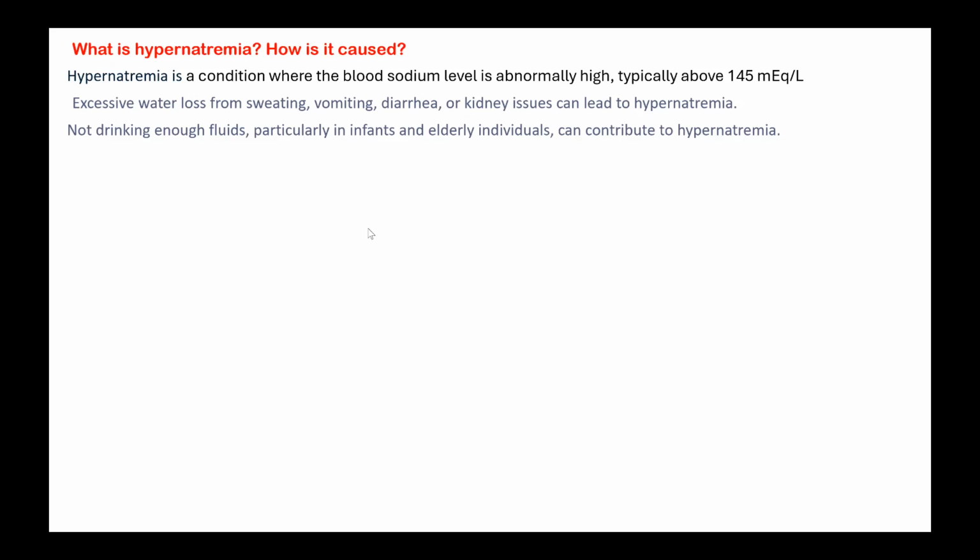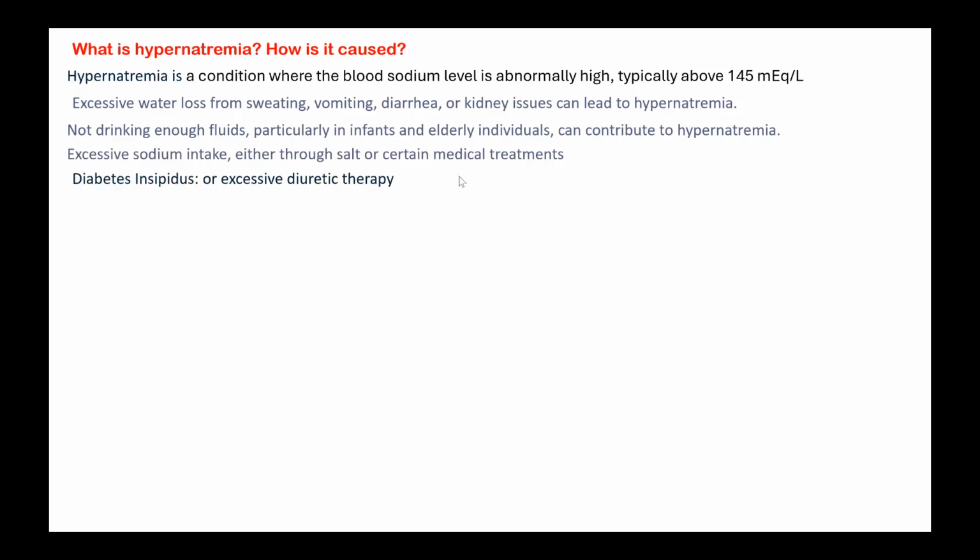They can go into hypernatremia. And excessive sodium intake, either by salt ingestion or some medical treatment, can also lead to that. And diabetes insipidus is one condition where there is excessive diuresis happening, concentrating the plasma. That also can lead to hypernatremia.